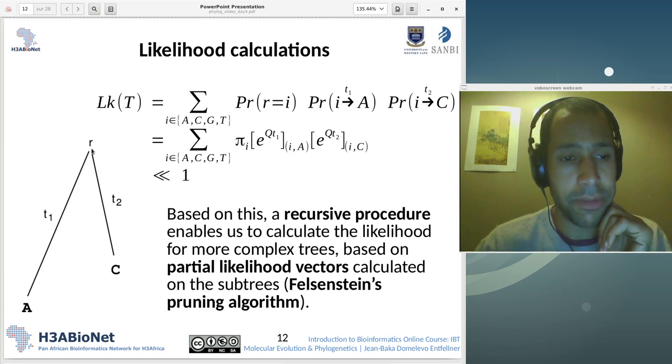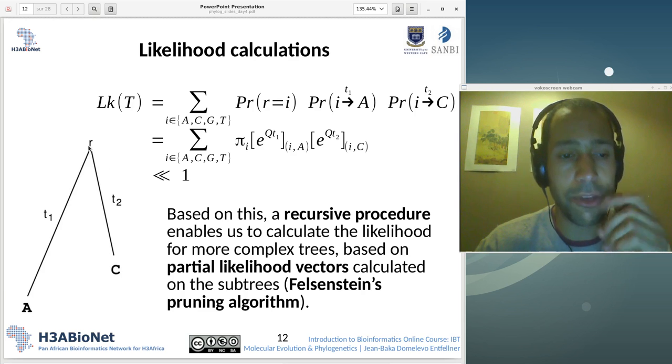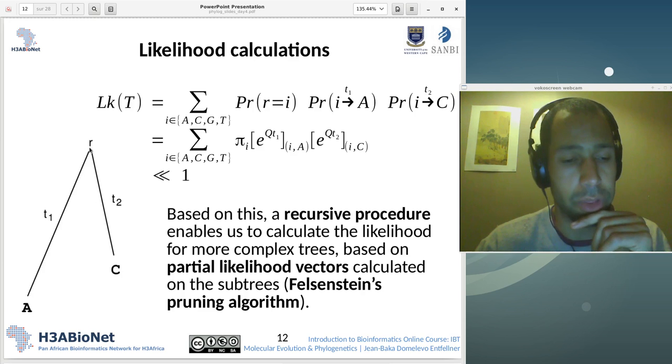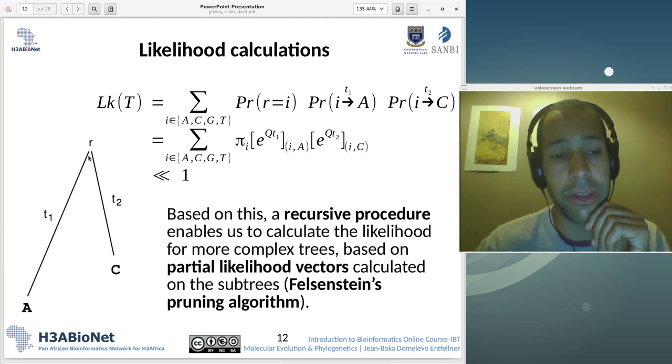It is based on the fact that evolution is supposed to be independent on each of the branches. If we take the example of a speciation node, with two species that evolve on one branch and on the other branch, once the two branches separate, then the evolution is supposed to be independent on each of the branches.